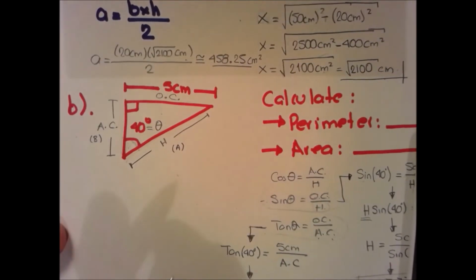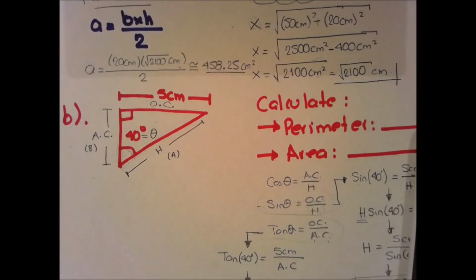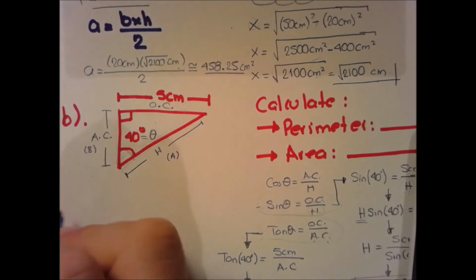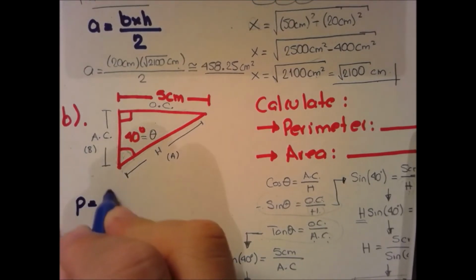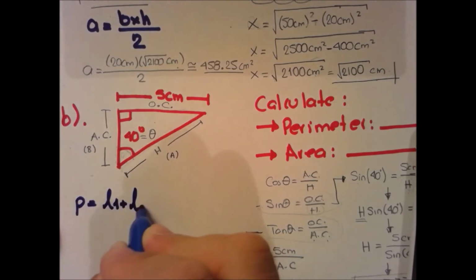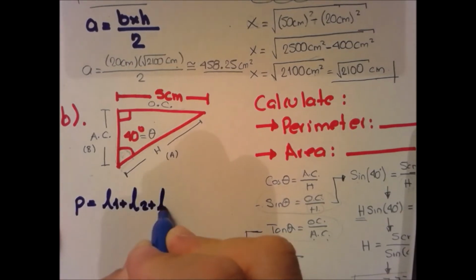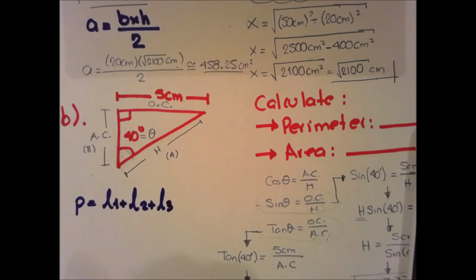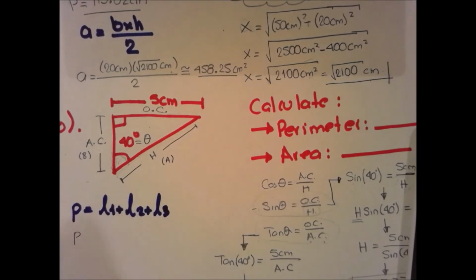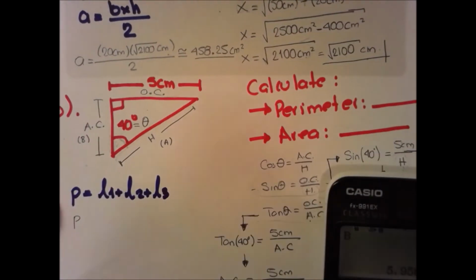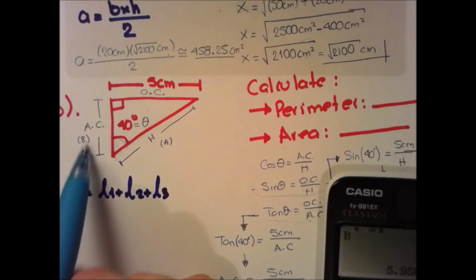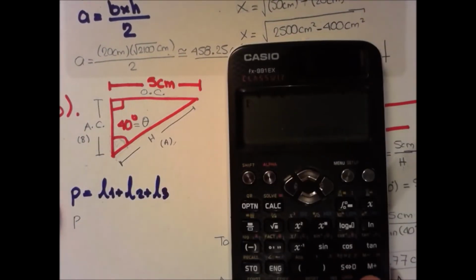Okay, and then I'm just going to calculate the area, sorry, the perimeter, that everybody knows is the first side plus second side plus third side. So in that case the total perimeter is going to be, look at this, L1, I mean this, and this. What I'm going to do is very easy.